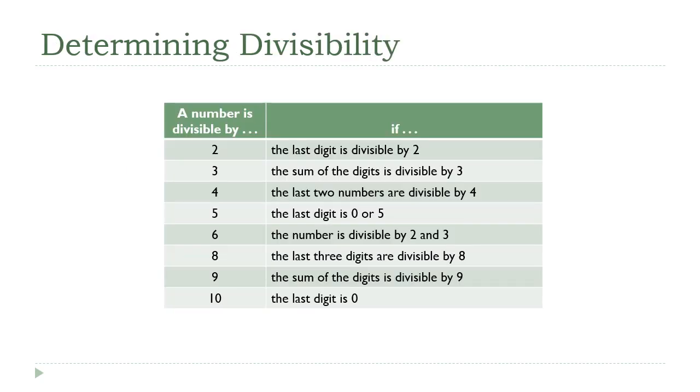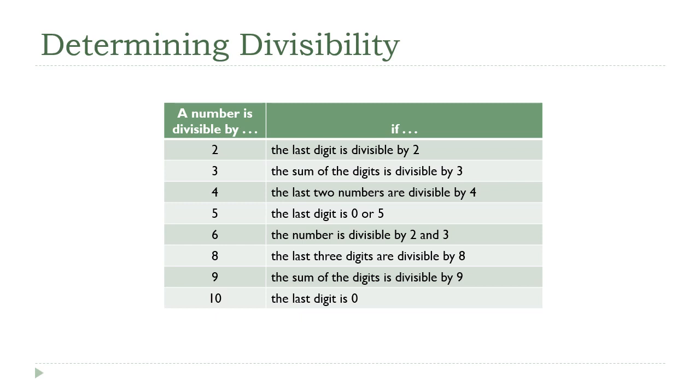All right, so we saw in the last lecture that determining the factors of a number can be a pretty tedious process. It's doing a lot of repeated division problems, and it just gets worse as the numbers get bigger. Now, fortunately, there are some rules we can use to quickly determine if one number is a factor of another. For example, to see if 2 is a factor of a number, all we have to do is look at the very last digit and see if that's divisible by 2.